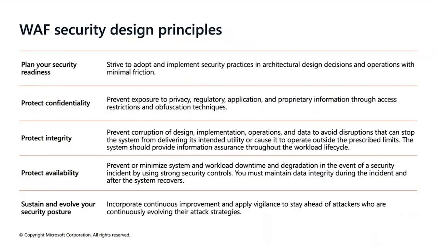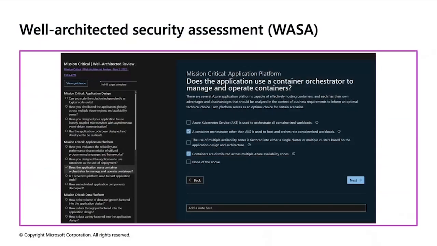So how does this tool look? Let me show you. Basically, this is a web-based tool, and when you go to this Well-Architected Review website page, it asks you questions like, for example, you can see here for application design, can you scale the solution independently as logical scale units?